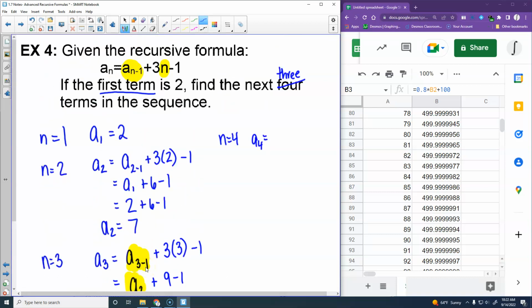So if you skip that step and just go straight to saying that a sub n minus 1 was 15, the term that came before it, perfectly fine, in fact, preferred. Plus 3 times our n, right here would be 4 minus 1. And so we'll get 15 plus 12 minus 1. So 27 minus 1 will give us 26. So our next 3 terms would be 7, 15, 26.